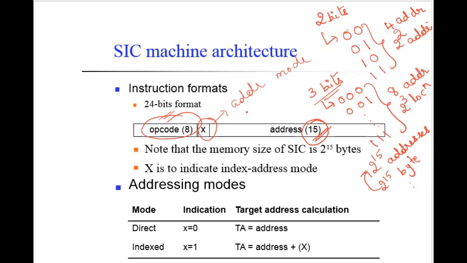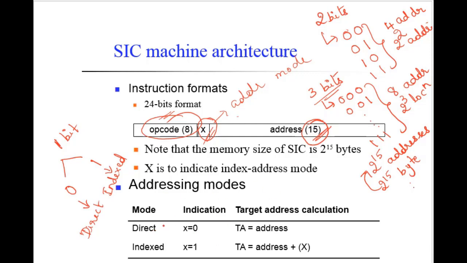Now coming back to the X bit. If it is only 1 bit, we can have only 2 possible values: either the X bit will be 0, or it will be 1. If the X bit is 0, we call it direct addressing. If the X bit is 1, we call it indexed addressing. Here we have the table.